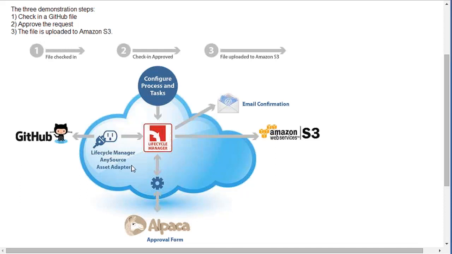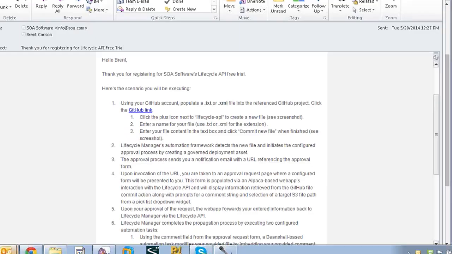Your source asset adapter is designed for any sort of file-based repository or system of record to be able to interact with that and push content into the Lifecycle Manager. So GitHub is supported, other repositories like Team Foundation Server, Rational Team Concert, Subversion, all supported, and can be used in either the cloud or the on-premise scenario.